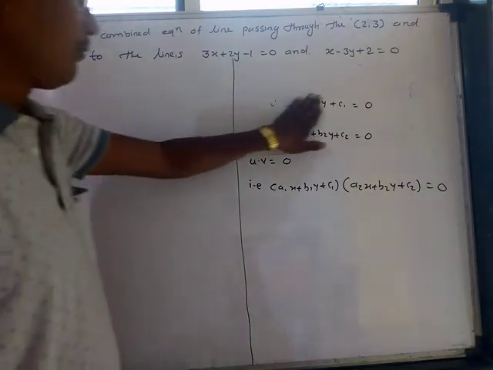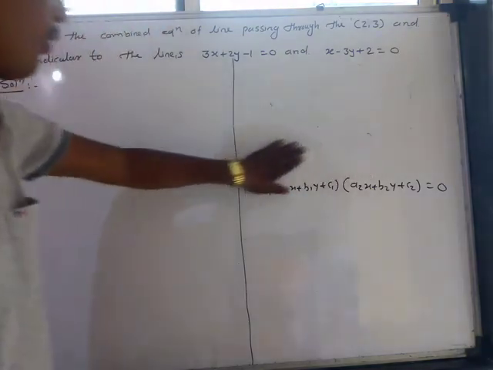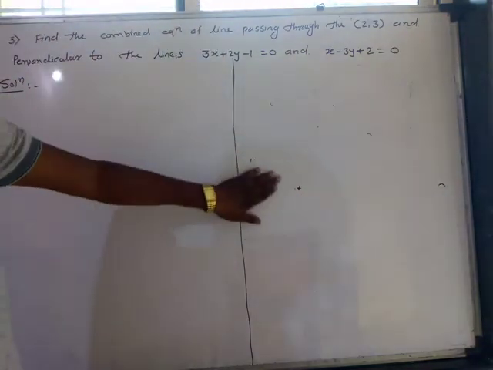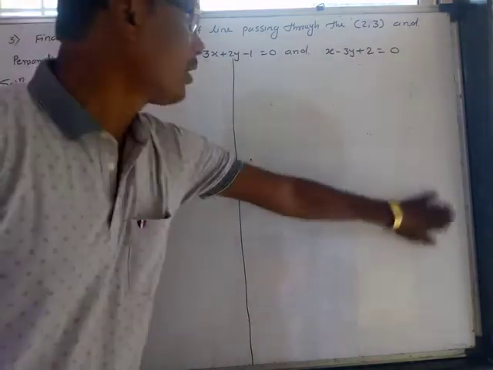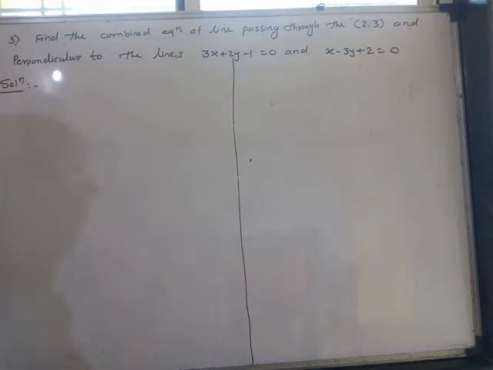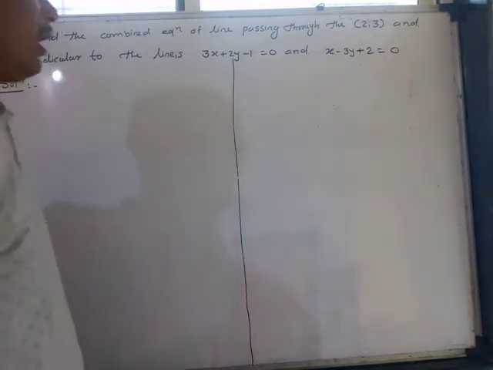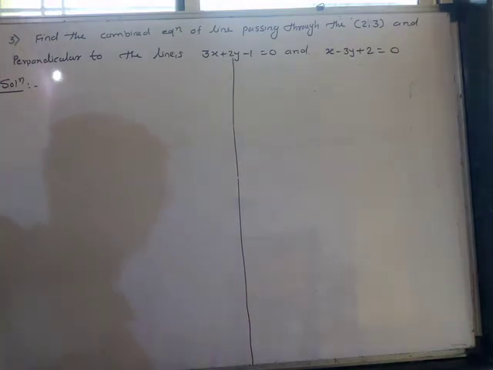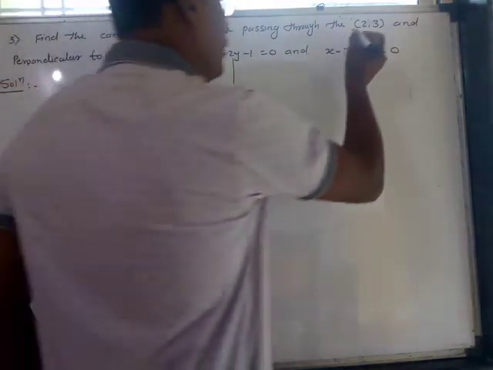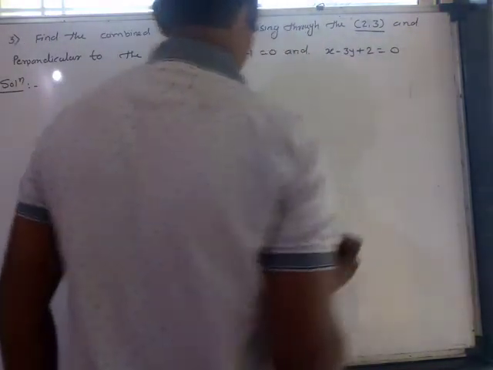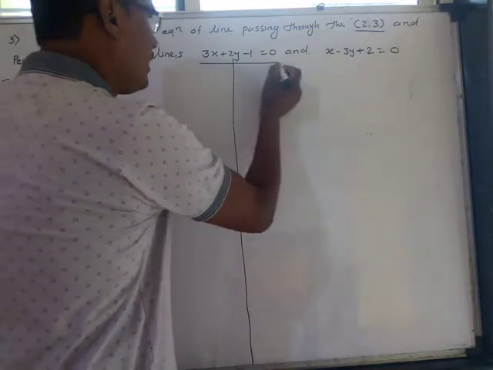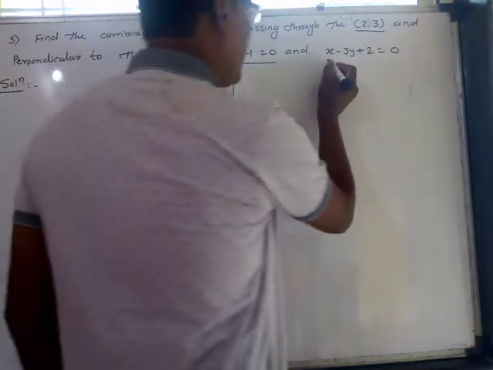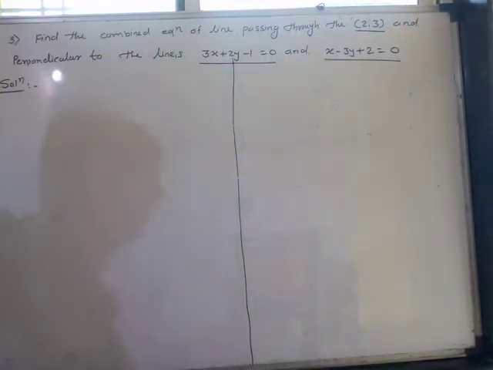The first problem is: find the combined equation of the lines passing through the point (2, 3) and perpendicular to the lines 3x plus 2y minus 1 is equal to 0 and x minus 3y plus 2 is equal to 0. म्हणजे आपणाला अशा दोन लाईनचं कंबाइंड इक्वेशन फाइंड करायचं आहे की ती लाईन, त्या दोन लाईन या पॉइंटमधून पास झाल्या पाहिजेत आणि त्यापैकी एक लाईन या लाईनला परपेंडिक्युलर असली पाहिजे आणि दुसरी लाईन या लाईनला परपेंडिक्युलर असली पाहिजे. To find the equation, first we have to find out the equation of those lines.